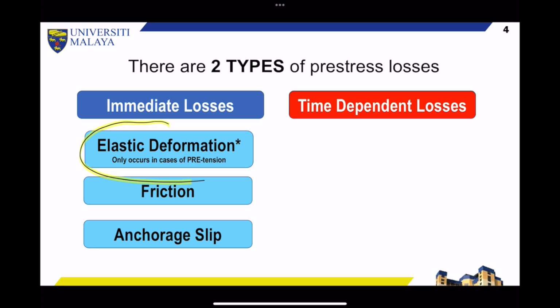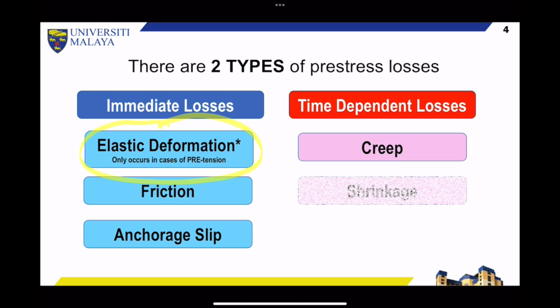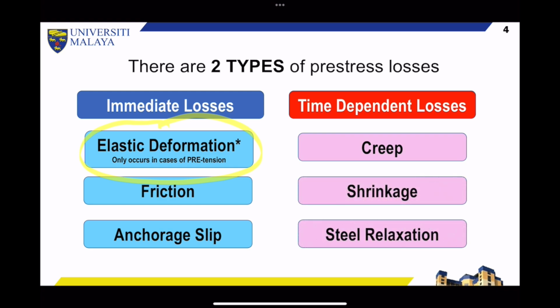Notice that elastic deformation only applies to pre-tension members, which we will see later why this is the case. Under time-dependent losses, we have creep, shrinkage, and steel relaxation. So this video will only cover the short-term losses.